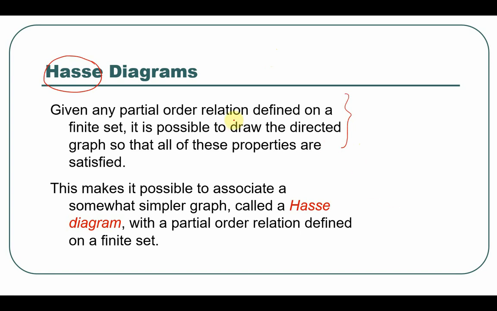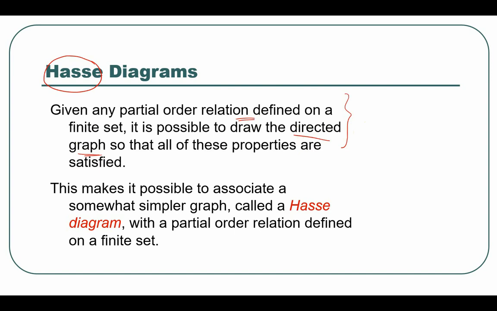So given any partially ordered relation, I can draw the directed graph, and that directed graph is going to showcase all the properties, the reflexivity, the antisymmetry and the transitivity. All three properties will be obvious to you by looking at the directed graph. But in addition to that, there will be a lot of extraneous information.